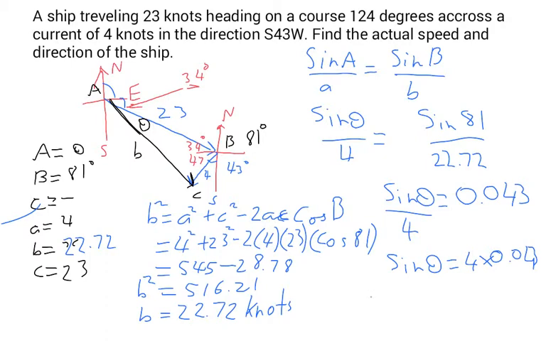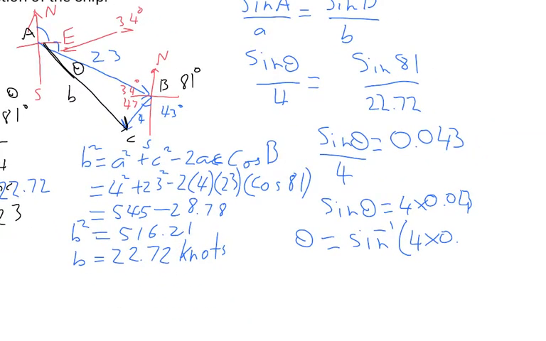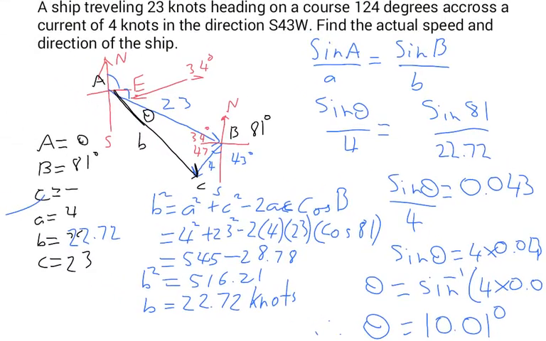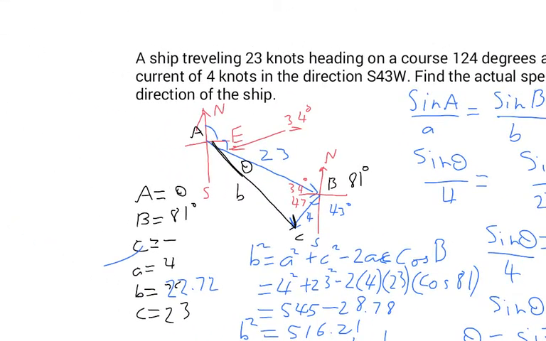So theta equals sine inverse of 4 times 0.043. So therefore, theta equals 10.01 degrees. Now that's the value of theta over here. So that's 10.01 degrees. But that's not the bearing.